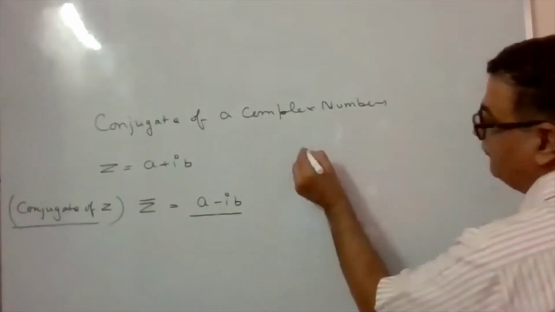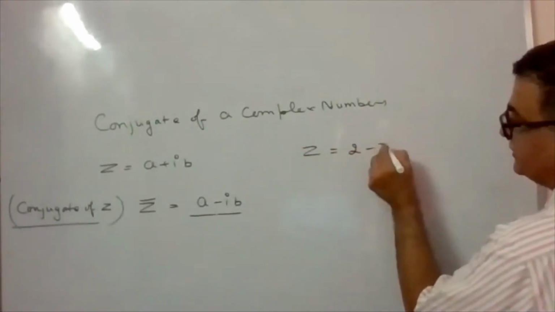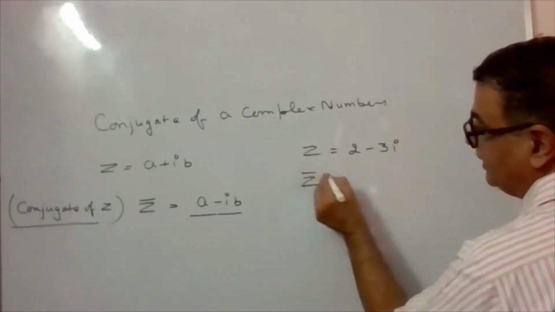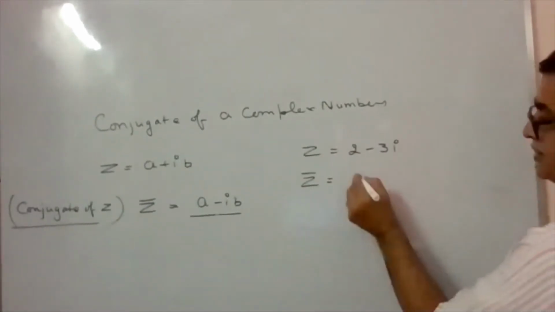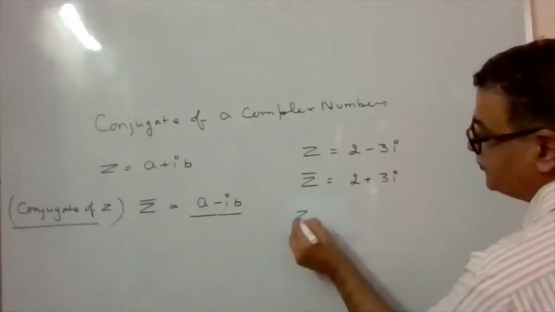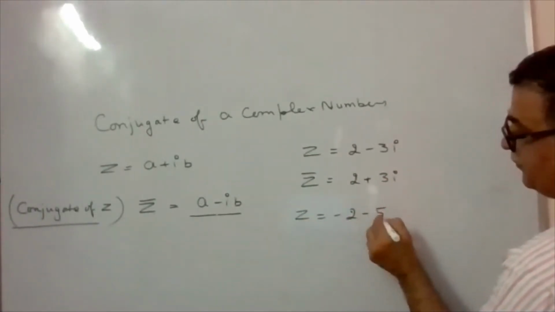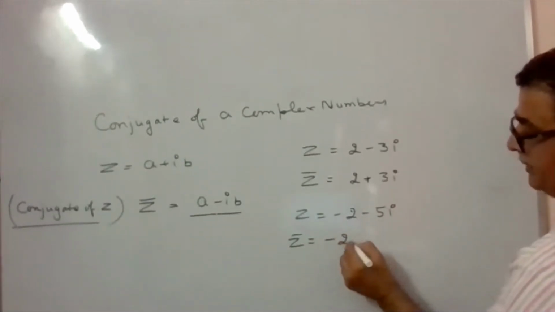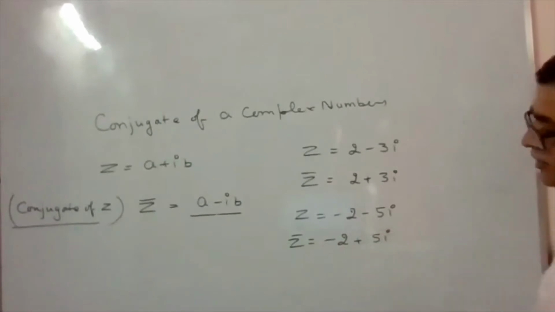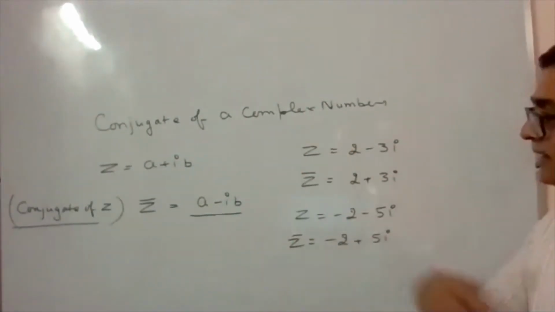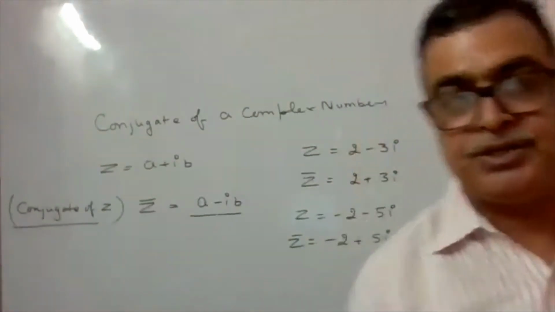For example, if I have a complex number 2 minus 3 iota, and I ask what is z bar here, I should say 2 plus 3 iota. By the way, if z is given as minus 2 minus 5 iota, then z bar comes out to be minus 2 plus 5 iota. So that way you can get the complex conjugate. There is no problem in it.